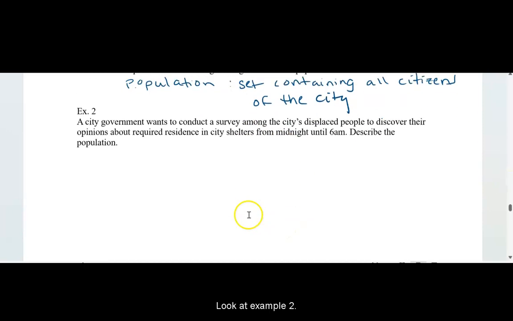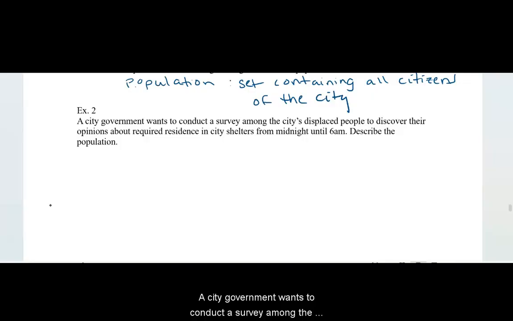Look at example 2. A city government wants to conduct a survey among the city's displaced people to discover their opinions about required residence in city shelters from midnight until 6 a.m. What is the population? Well, in this case, they want to conduct a survey among the city's displaced people.